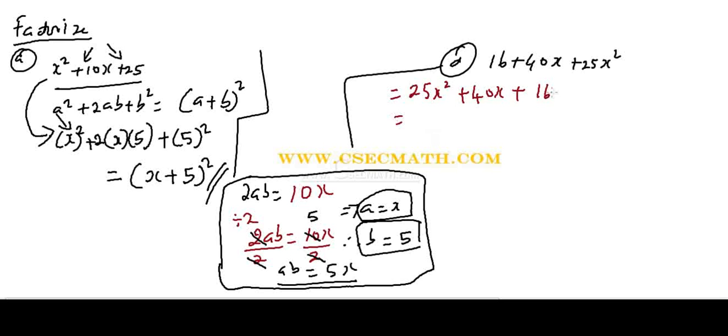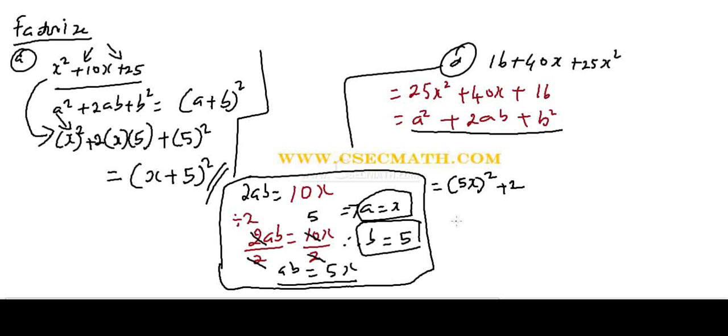As usual, this has to be synchronized to the form of a squared positive 2ab positive b squared. Okay, now 25x squared can be rewritten as 5x the whole squared. Okay, because 5x the whole squared is 25x squared positive.